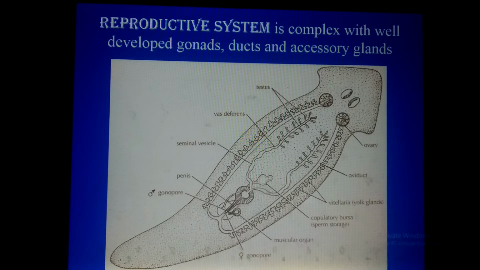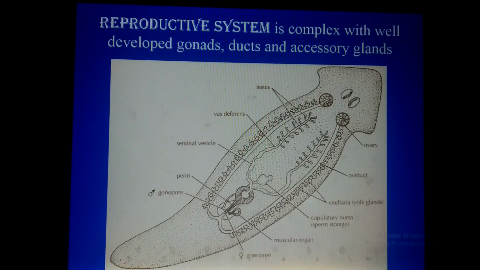They have male and female gonads in the same organism. So they are hermaphrodite, because both the sexes are present in the same organism.